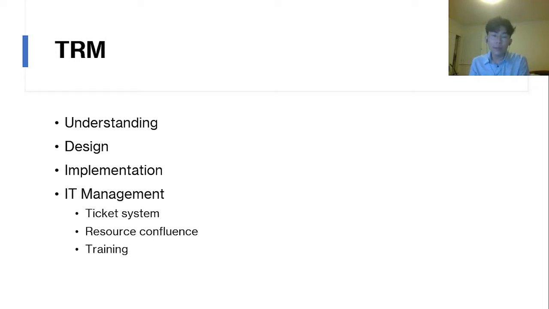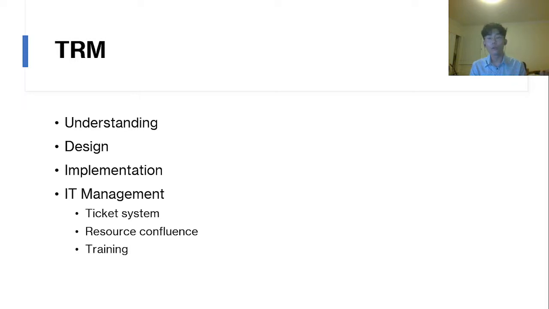And then in IT management, there are three things that we can use to help reduce costs and increase productivity: a ticket system, resource confluence, and training. With a ticket system, we want to know, where are our issues coming up? How can we solve them?